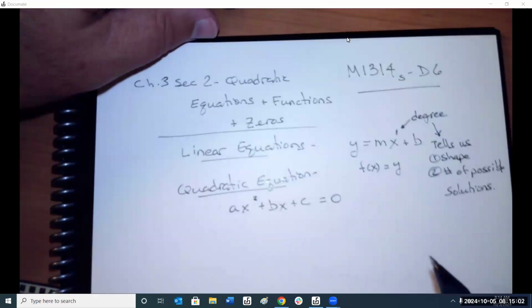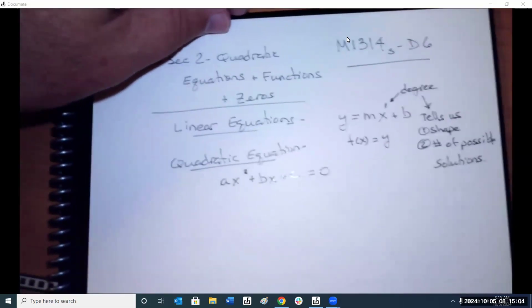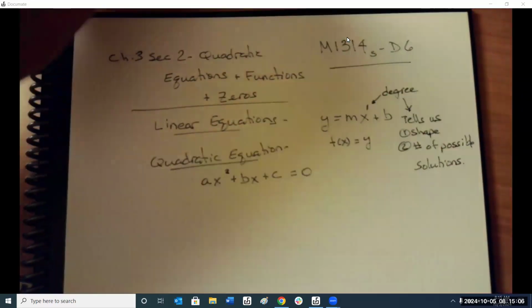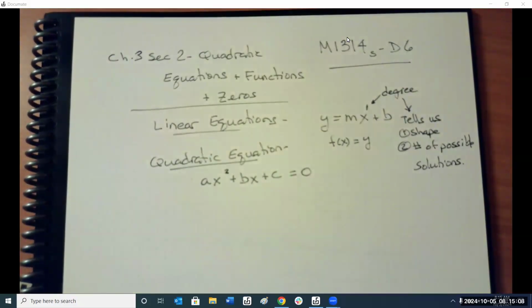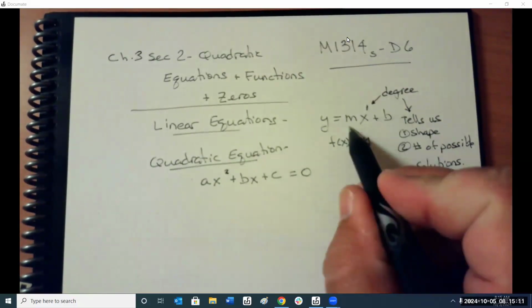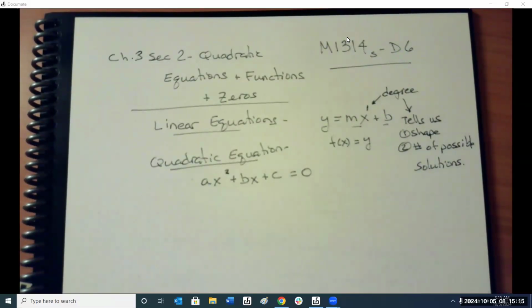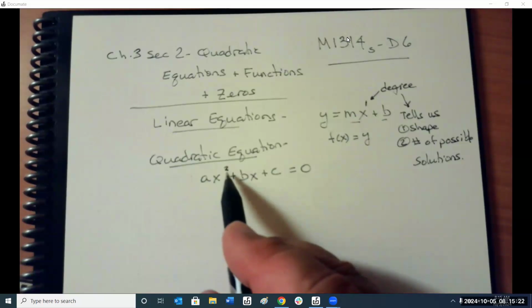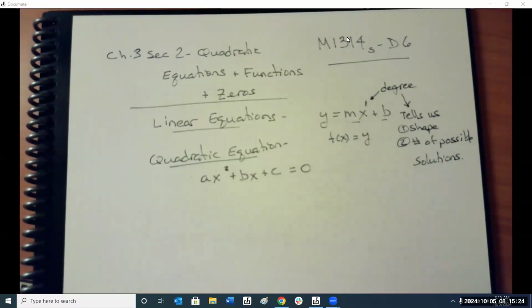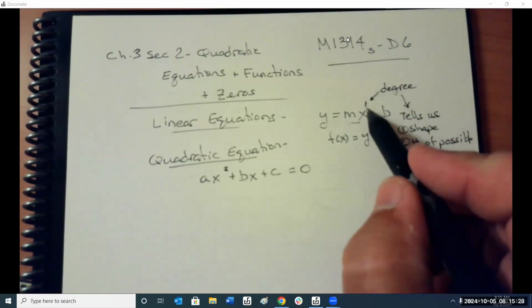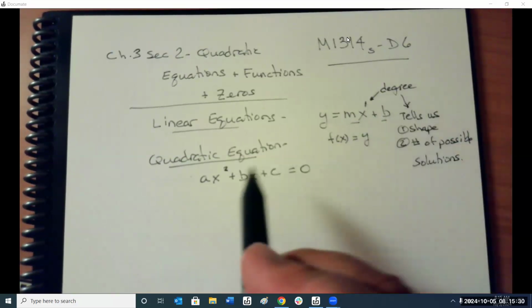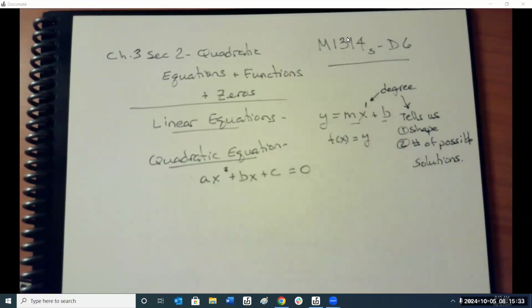We set them equal to 0. Linear equations have at most 2 terms. Quadratic equations have 3 terms. So that's the first thing. If you also notice, the degree is 1 less than the number of possible terms. There's 1 degree here, and we have 2 terms. The degree is 2 here, we have 3 terms.